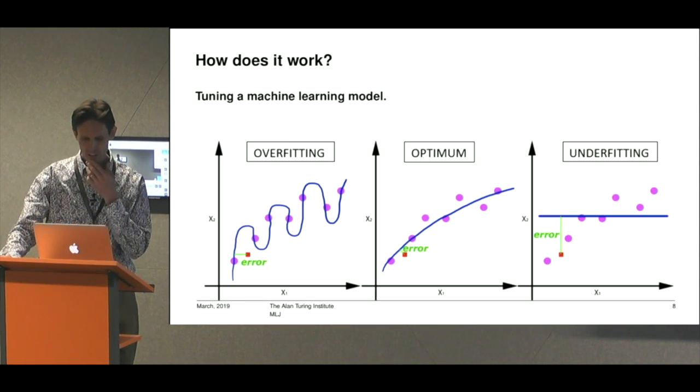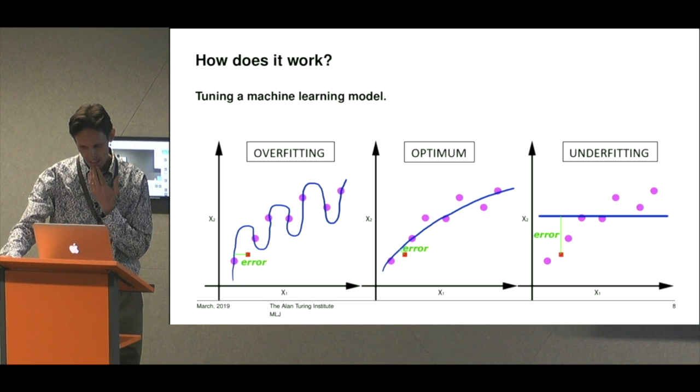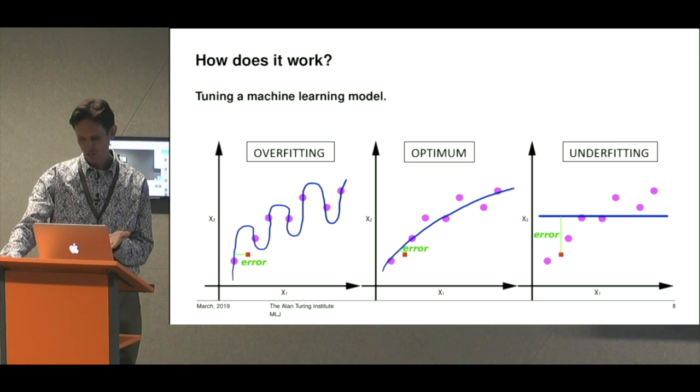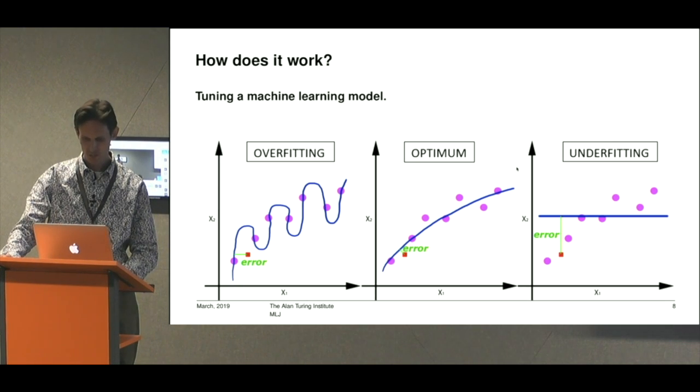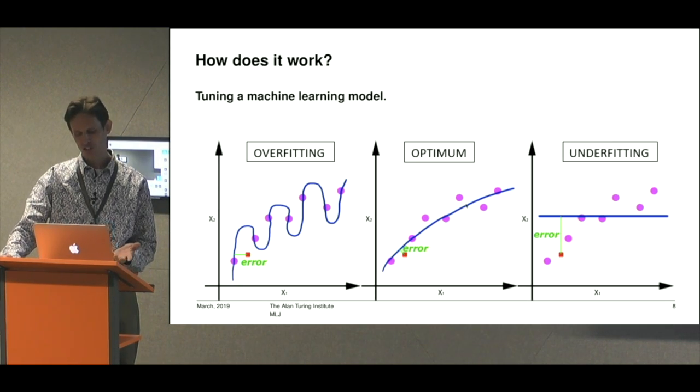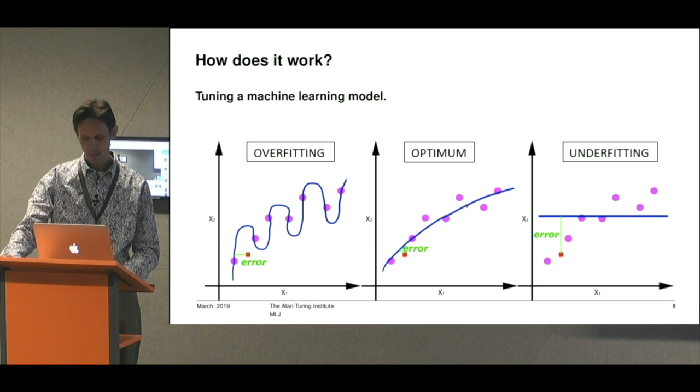The second point I want to make before we move on is that there are choices. I mean, we haven't actually talked about how we get this blue curve, right? So we're fitting a curve. Machine learning does this for you. And I'm not going to tell you exactly how we might go about doing that. But the point is that there are choices.